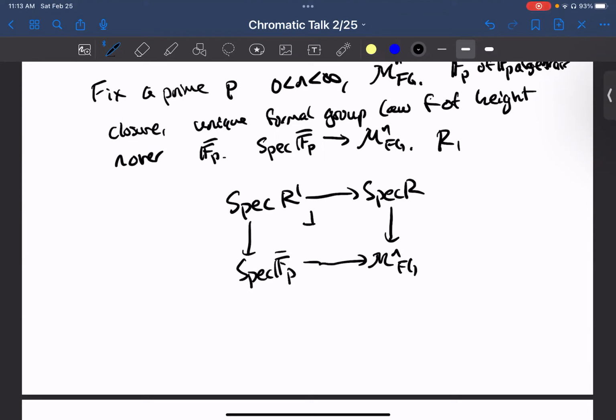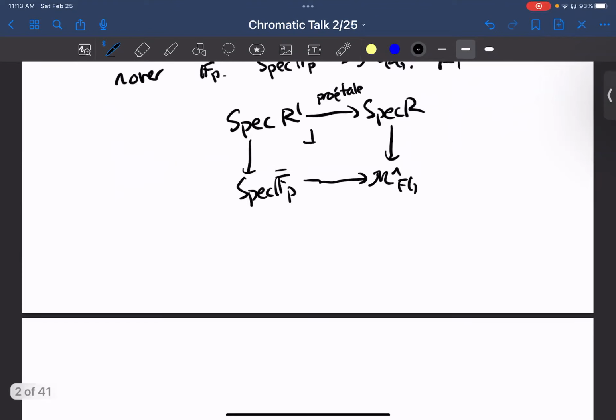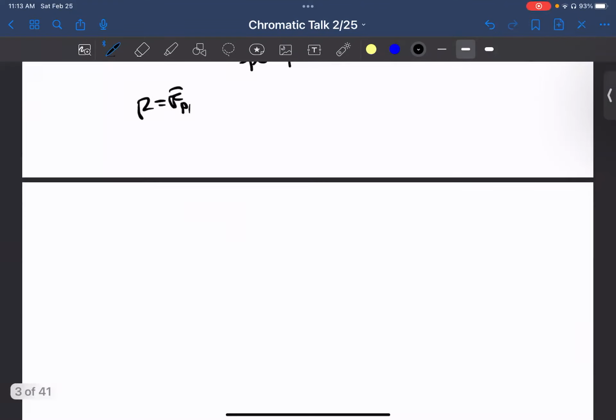So this is a pro-étale map in modern language. So in particular, we can do this with R equals FP bar. And what we're going to get is this, what we're going to call spec B, mapping to spec FP bar.